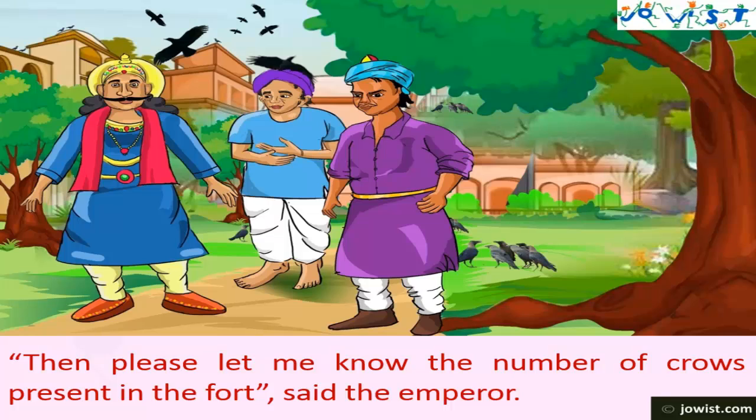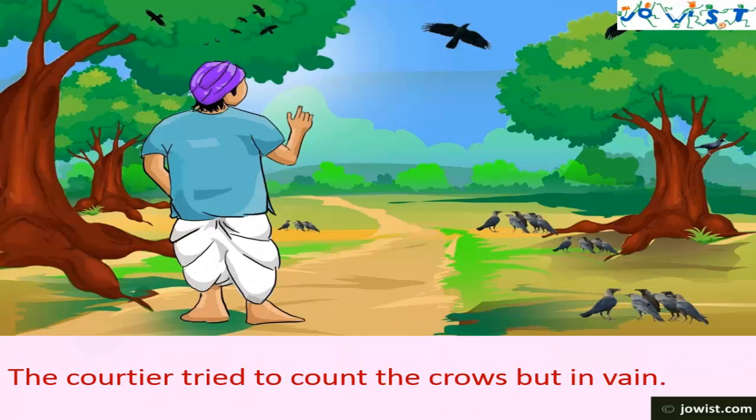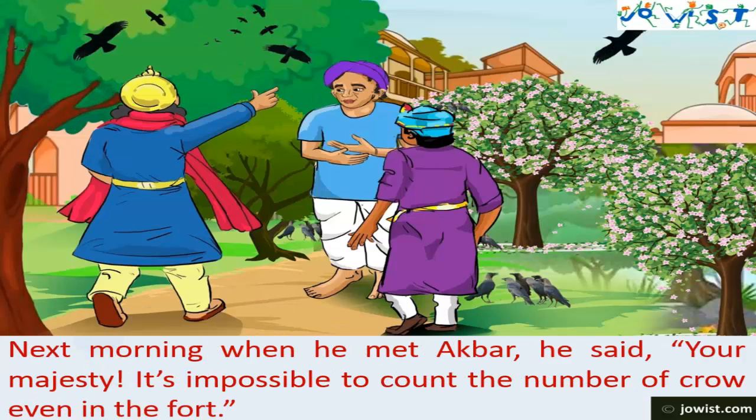"Then please let me know the number of crows present in the fort," said the emperor. The courtier tried to count the crows, but in vain. Next morning, when he met Akbar, he said, "Your Majesty, it's impossible to count the number of crows, even in the fort."